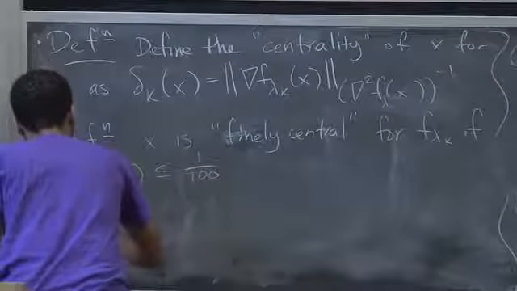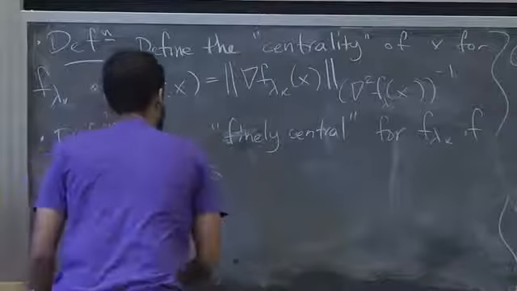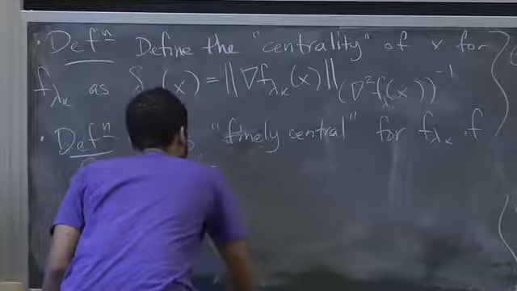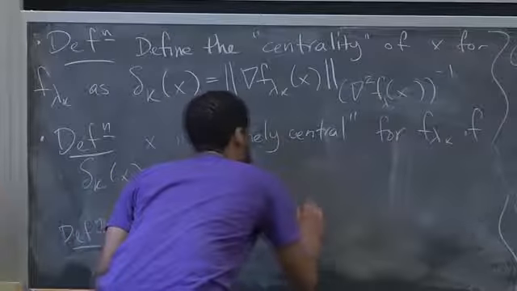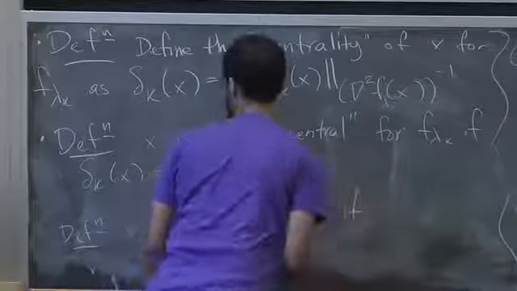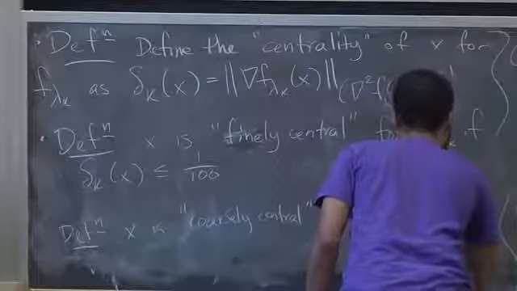And also, x is coarsely central if delta k of x is at most, say, a third.